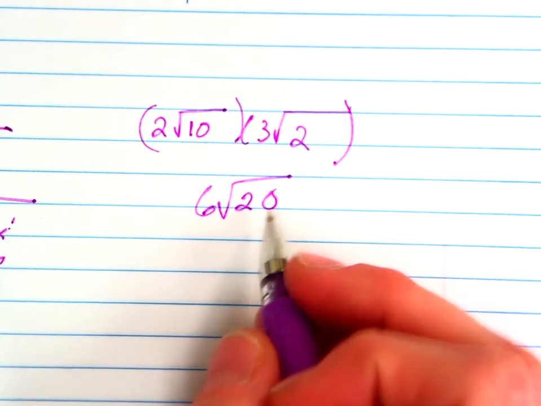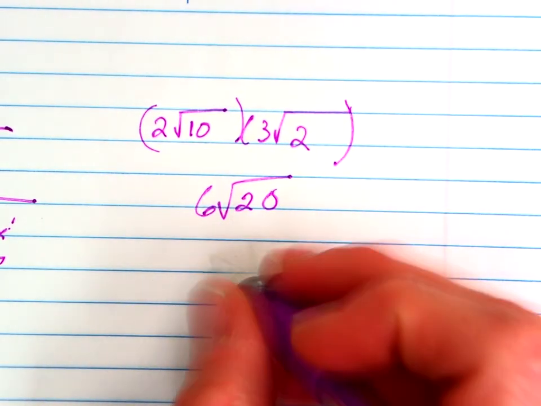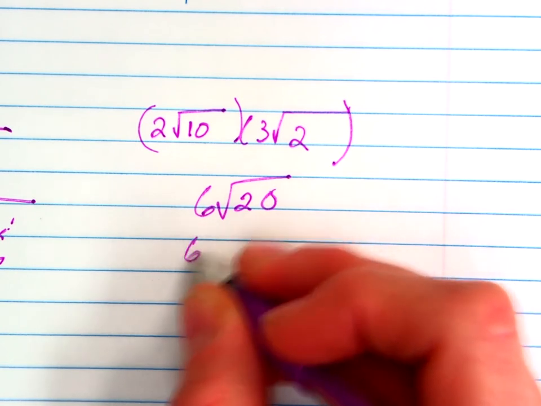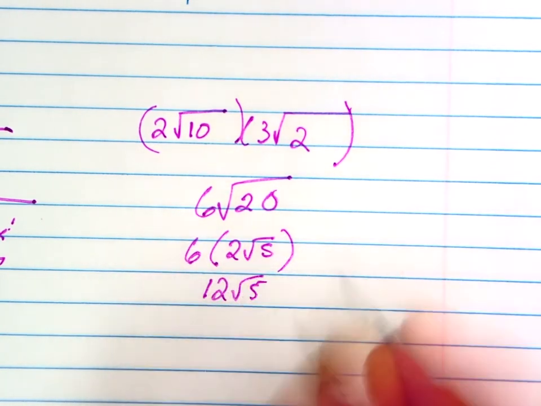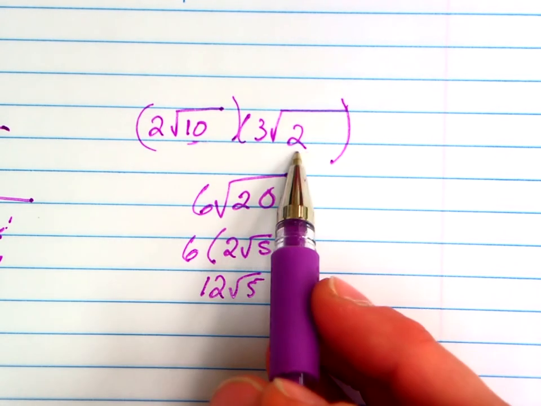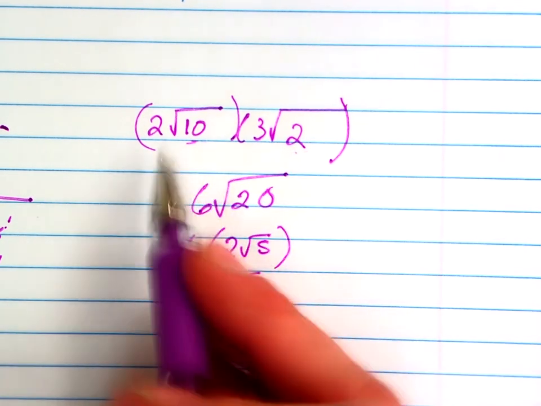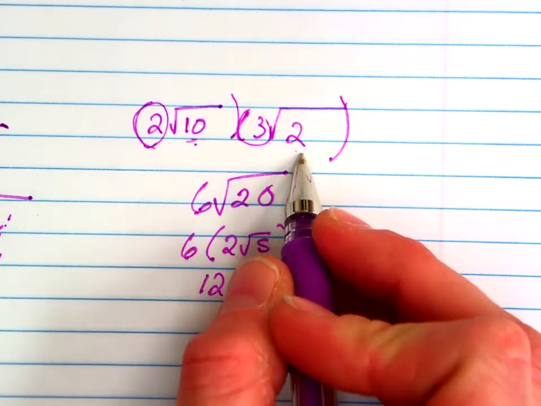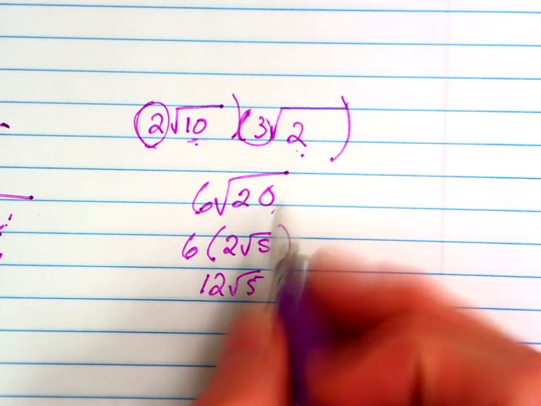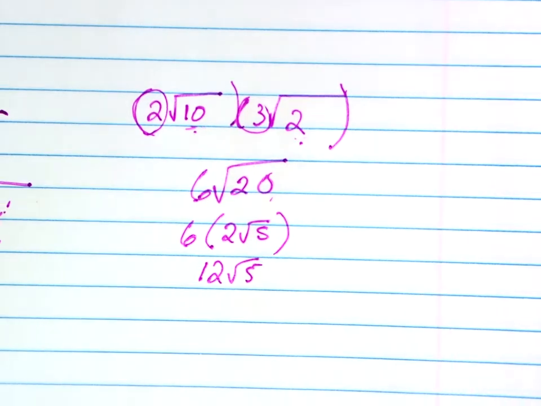And then this can be simplified to 6 times 2 square root of 5, which is 12 square root of 5. So in isolation, these cannot be simplified, but when we multiply the numbers on the outside by the numbers on the inside, we may be able to simplify further.